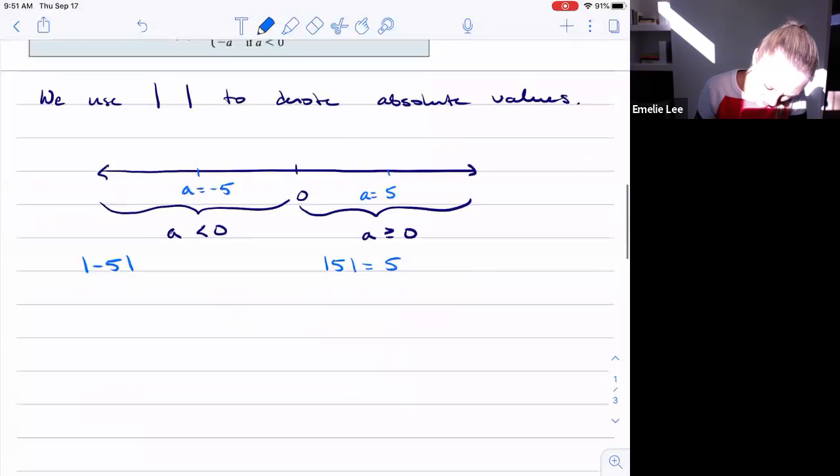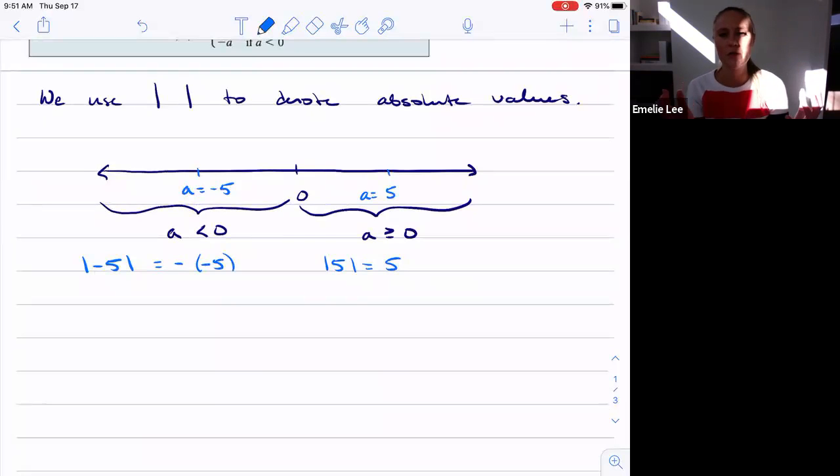So it takes negative 5 and says, well, that's the negative of negative 5, and I'll put negative 5 in brackets just so we don't have negative, negative right next to each other. But we know from last day, and we remember just in general, that a negative of a negative makes a positive.